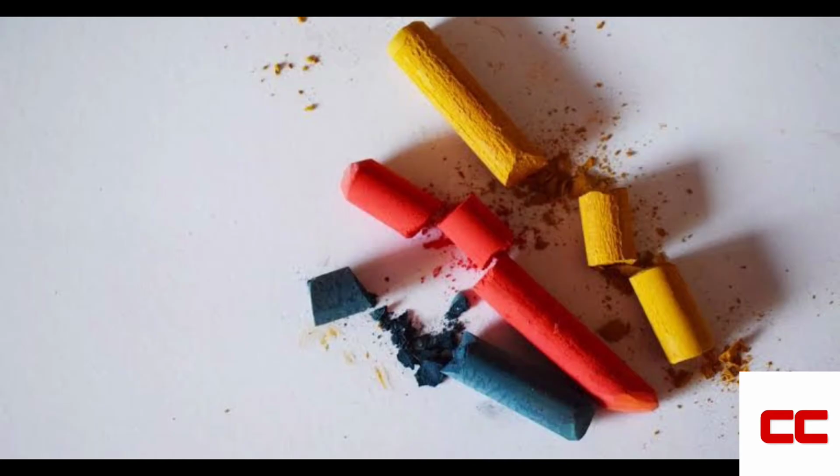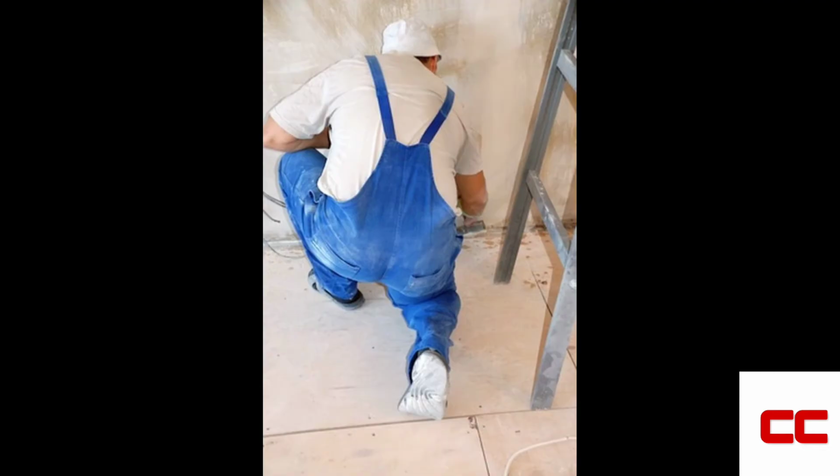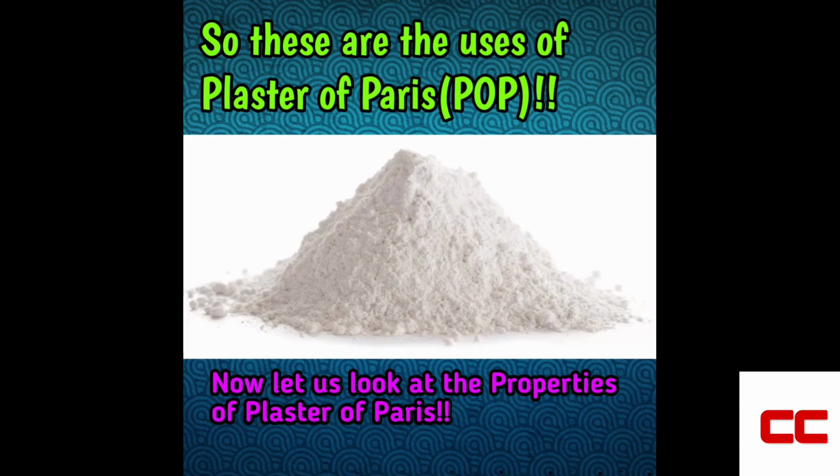These are the chalks that we use in our schools and colleges. Plaster of Paris is also used in case of bone fracture, so it holds the hand firmly in a specific position. It is also used to fill small gaps on walls and roofs. So these are the uses of plaster of Paris.